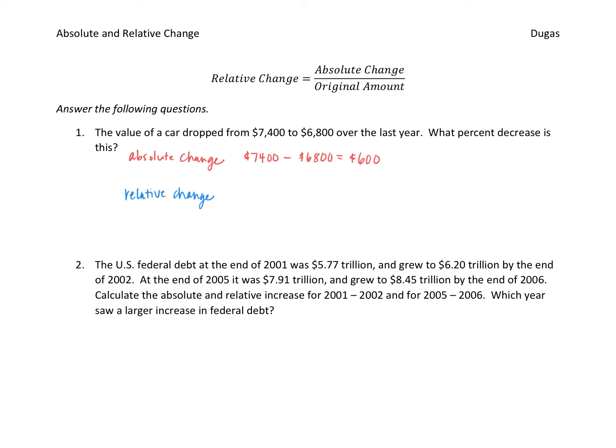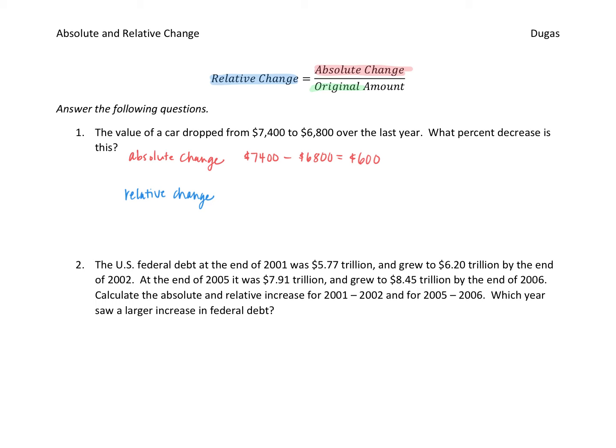So your formula to find relative change is given at the top. Relative change is equal to absolute change divided by the original amount. It's key that you use your original amount, because if you don't, you would get the wrong relative change.